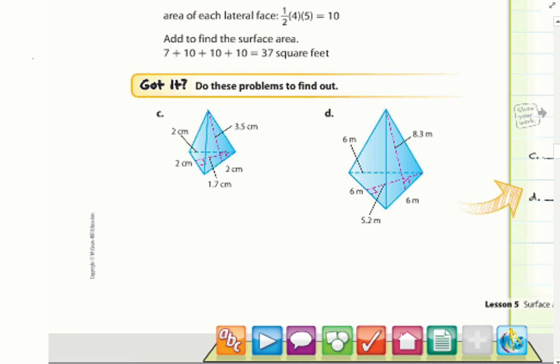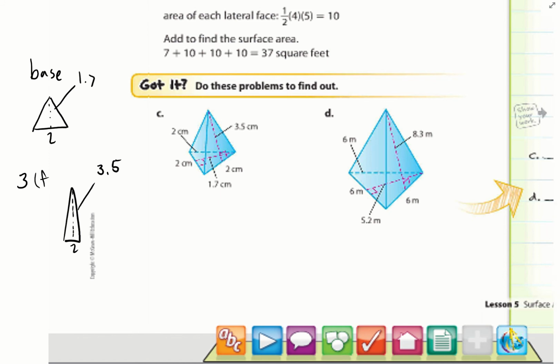I'm going to look at my base triangle first. My base looks like it's 2 centimeters, and my height is 1 7/10. That's my base. Now my 3 lateral faces, LF: I have the same base of 2, but my heights are significantly higher, 3.5. First my base: 2 times 1 7/10 divided by 2.